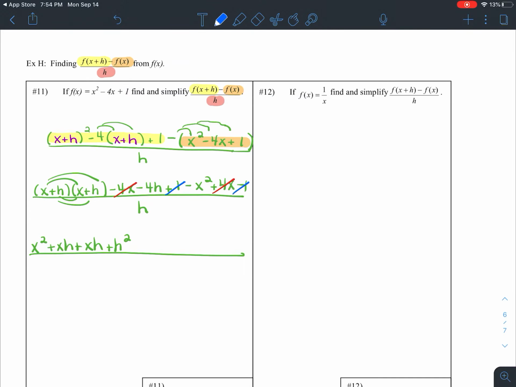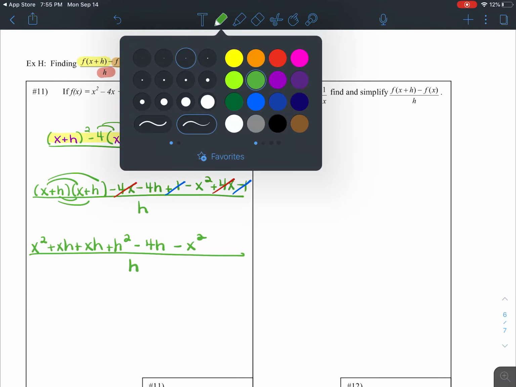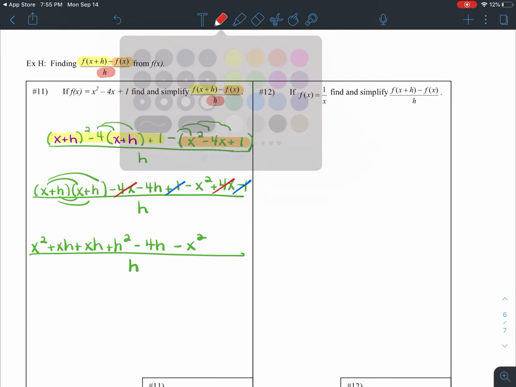And just while I'm at it, I've noticed that there are some things that are going to cancel, like this -4x and that +4x. I'm going to cancel those. Here's a +1 and a -1 that I can cancel. So I'm just going to cancel those out so that the only other two things that I'm going to write down here are this -4h and this -x squared.